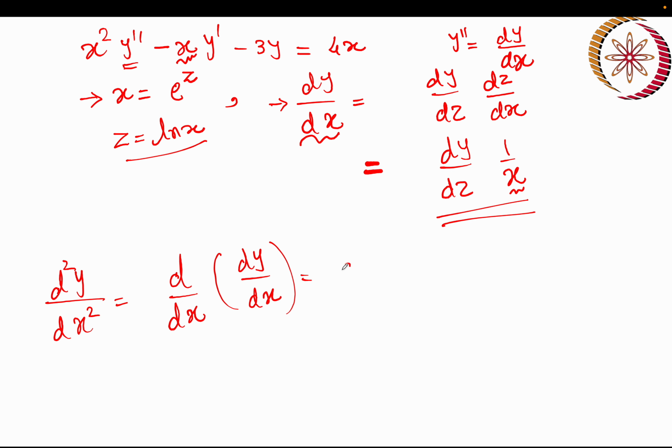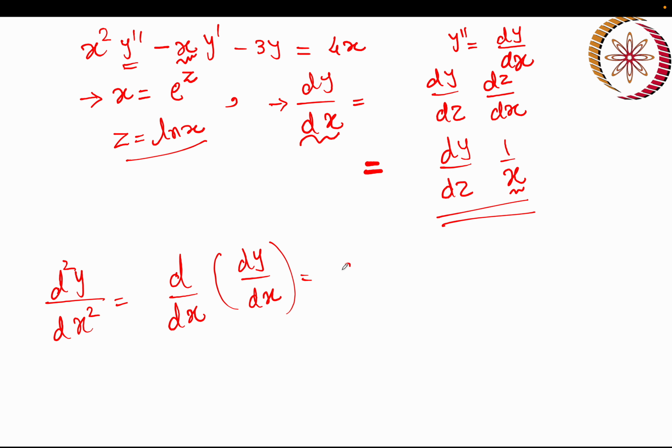So what we'll do is we'll substitute these values. So x square is outside, and we'll substitute into this equation. So x square is outside, and then we'll substitute y double prime, this is the first term, and the second term is minus x into y prime.